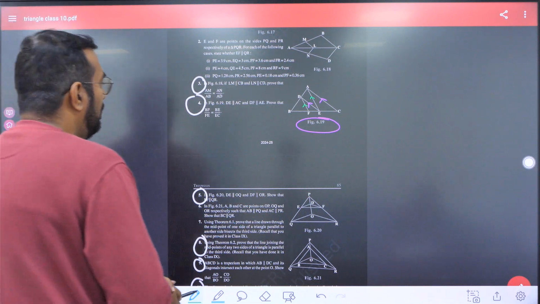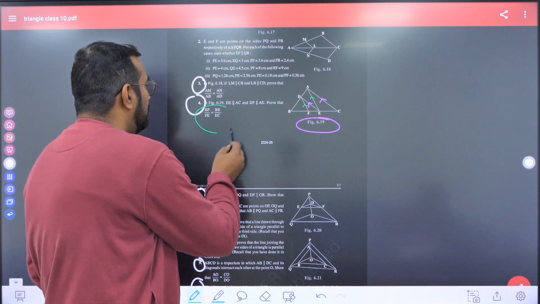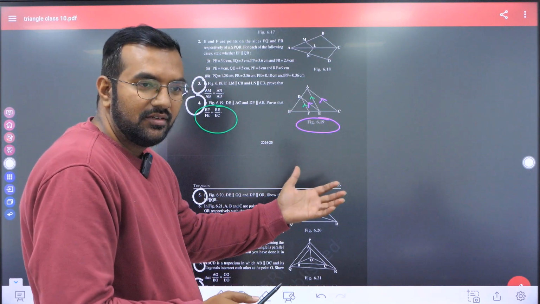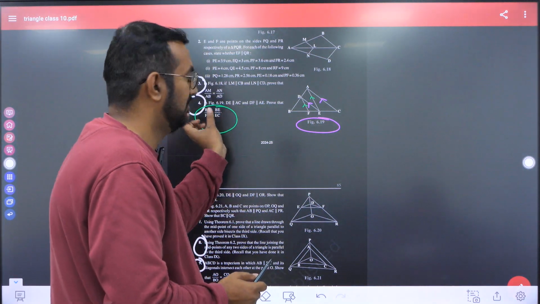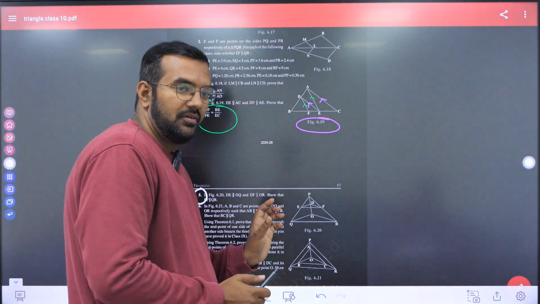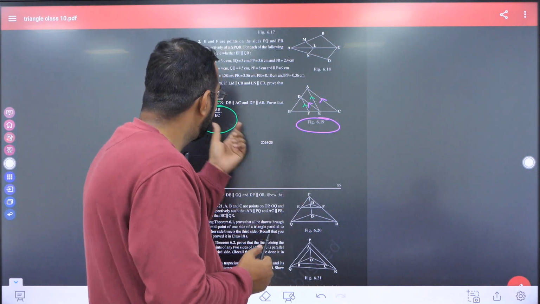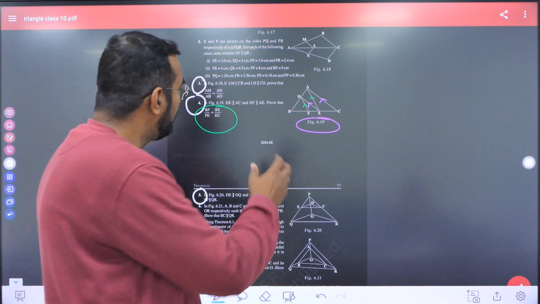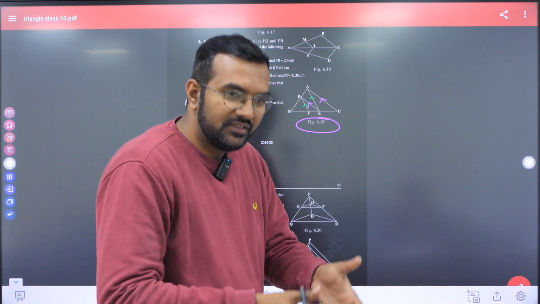So beta, when you suddenly think how to prove this, you may not get to that way of how we can prove it. So there is a way of thinking here. First of all, you have to think about what is given, and you will go through the given things.